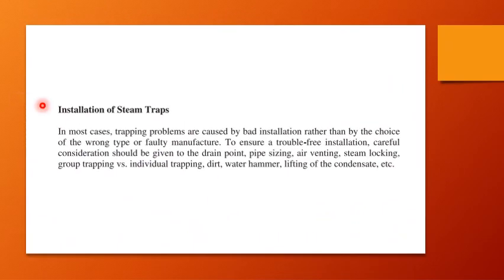As far as the installation of steam traps is concerned, you need to understand one important point here. In most cases, trapping problems are caused by bad installation rather than by the choice of the wrong type or a faulty manufacturer. See, one thing you must understand: if you have a wrong type of trap installed, that will really be a problem for you. Also, if there is a manufacturing problem with the steam trap, that is also a concern for you.